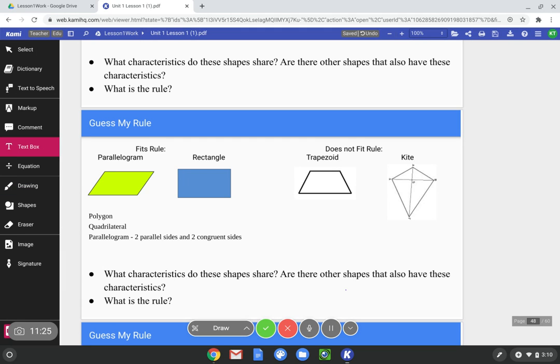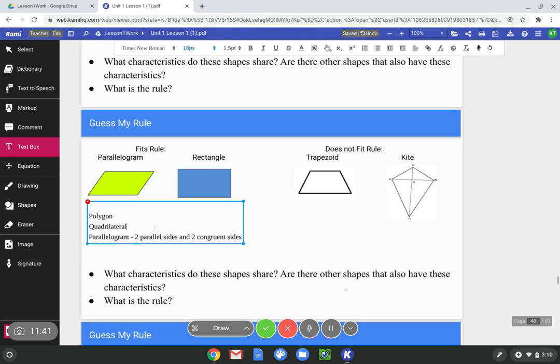Okay, here's what I got for the attributes that a parallelogram and a rectangle share. They're both polygons because they both have at least three straight sides. And they're both quadrilaterals. They both have four sides. Let's type that in there. Four sides.